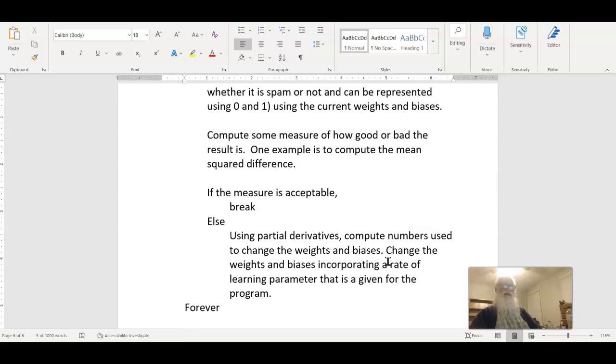In fact, the computer will do it by random. It'll just take some things from the set of possibilities. But once we get a set of answers, we want to do the whole thing again. But this time we want to use different weights and biases in the hopes that we will improve the answer.